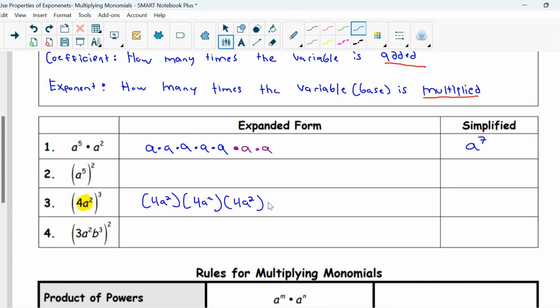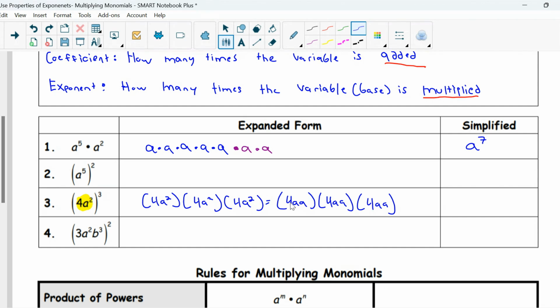We can even expand this one more and expand our a squared inside our parentheses. This is the same as saying 4 times a times a, 4 times a times a, 4 times a times a. So we expanded our outside exponent. Now we expand our inside exponent. From here, we need to count how many times each thing is being multiplied.